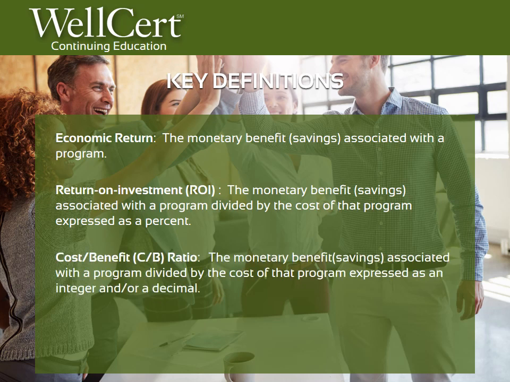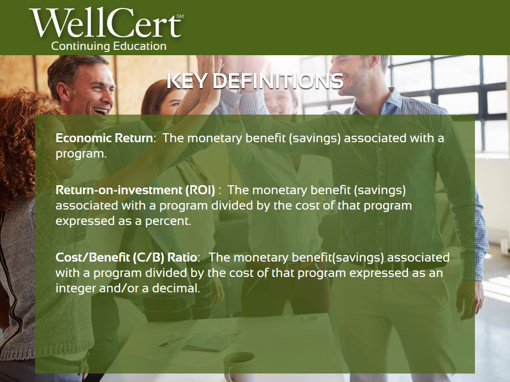Cost benefit return is what our literature tends to present this issue in, and it's the monetary benefit or savings. In all three cases, economic return, return on investment, and cost benefit ratio, we're talking about the same amount of monetary benefit or savings associated with a program divided by the cost of that program, and that's what we're getting to as a sense of the net economic return from an activity, and it's expressed as an integer or a decimal.